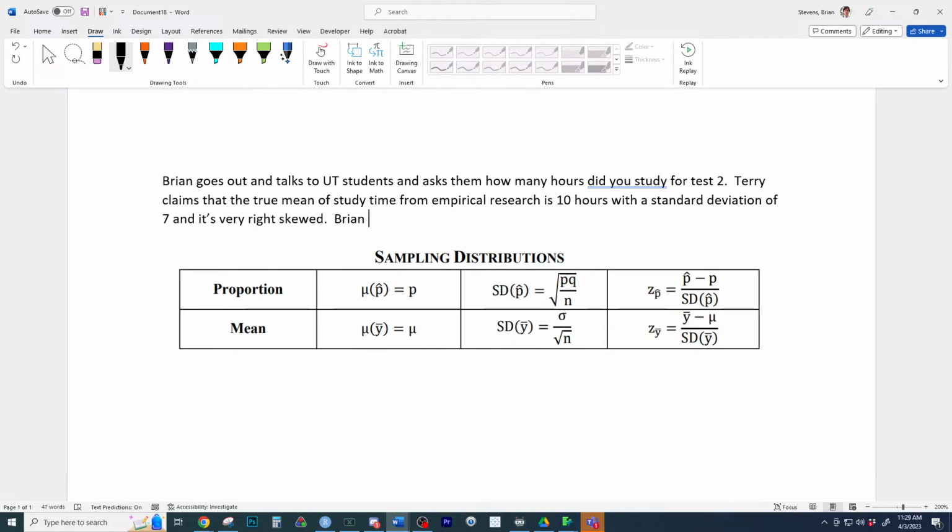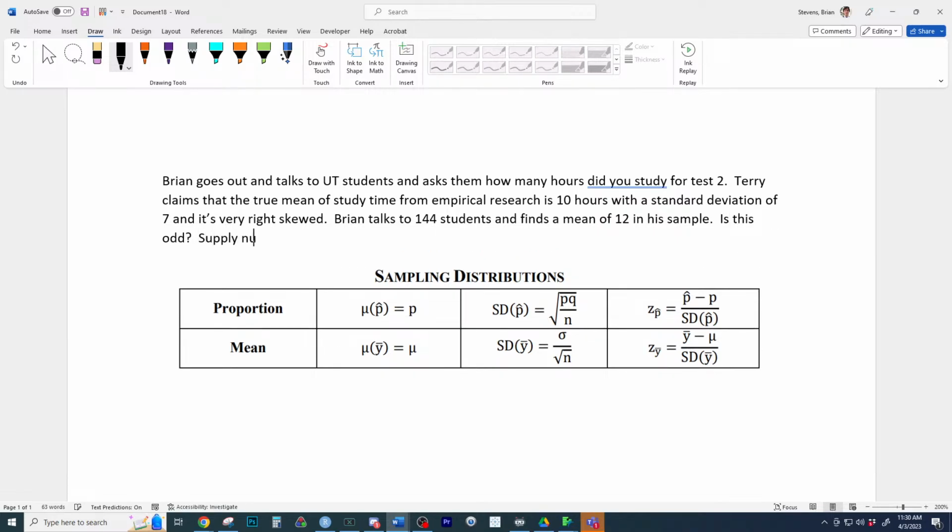Brian talks to 144 students and finds a mean of 12 in his sample. Is this odd? Supply numeric justification for your answer.